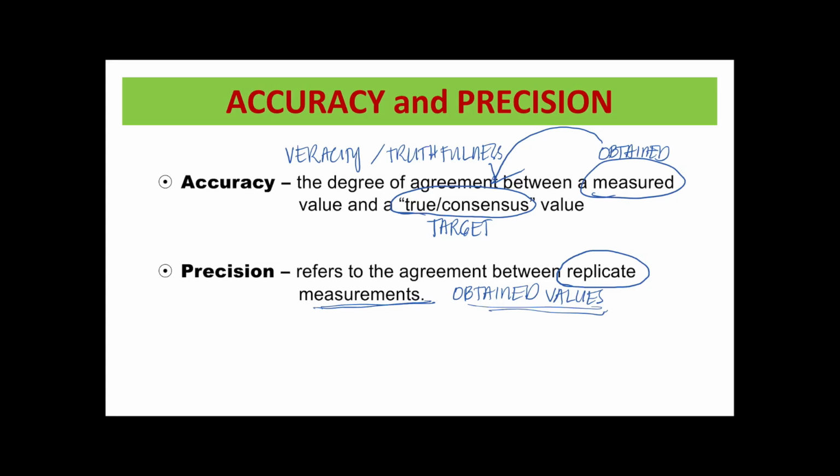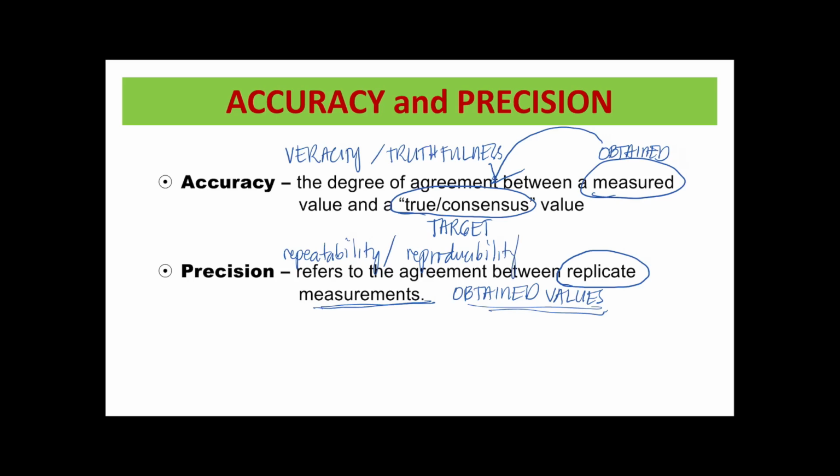Regardless of how many times you repeat the measurement using the same sample, for example, you will get the same values, or the values that you obtain are close to each other. That's why precision is also the degree of repeatability or the degree of reproducibility.